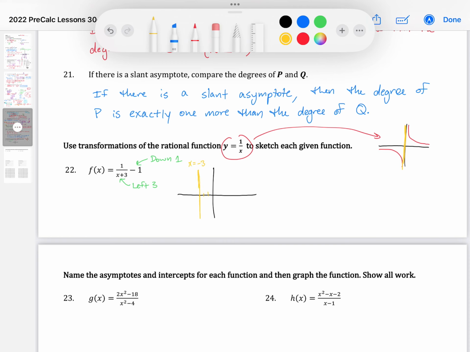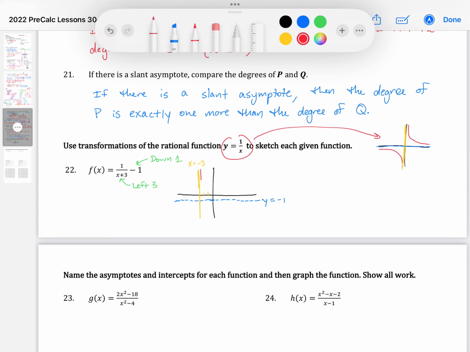So this is the line x equals -3. The horizontal asymptote, which is normally at y equals 0 for this parent function, is going to shift down 1. So this is the line y equals -1, which is your new horizontal asymptote.